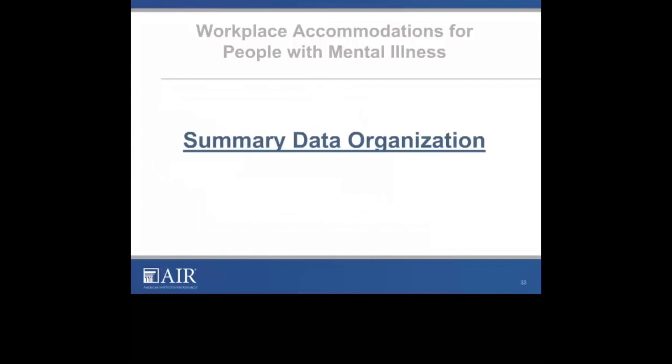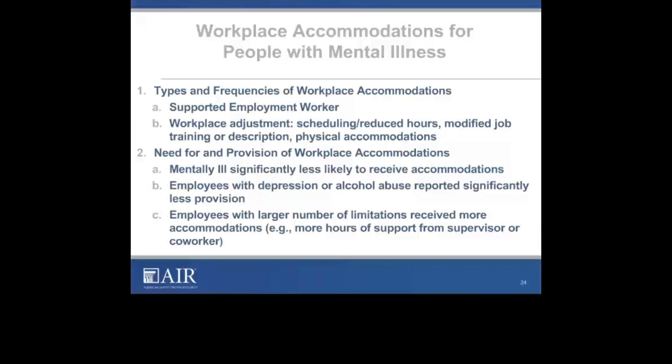How did they extract whatever information from this that they wanted in the scoping process that summarizes what they found from these 10 studies? Well, they categorized them by 3 categories: types and frequencies, the need for provision and workplace accommodations, and the third one was outcomes and costs of workplace accommodations.